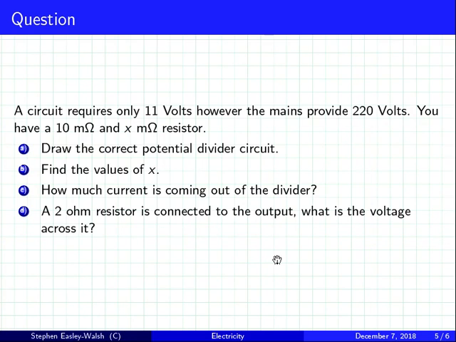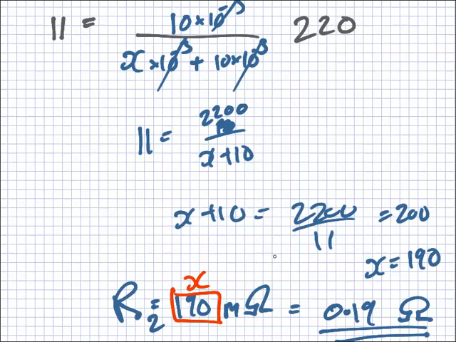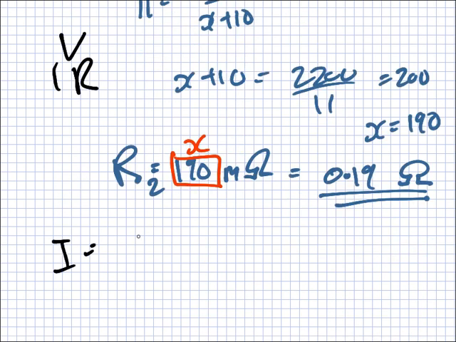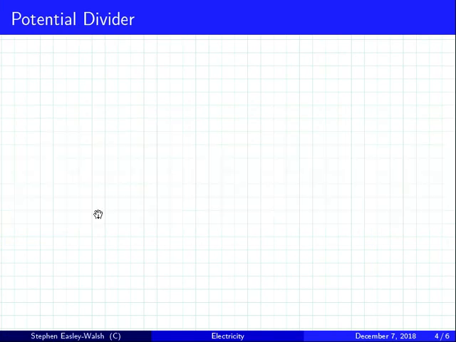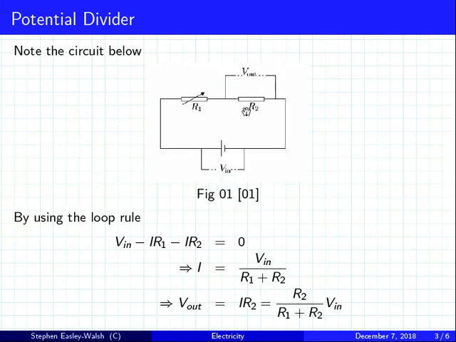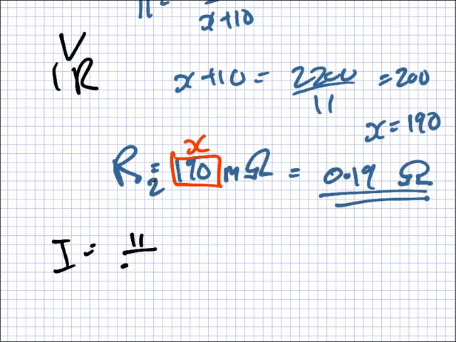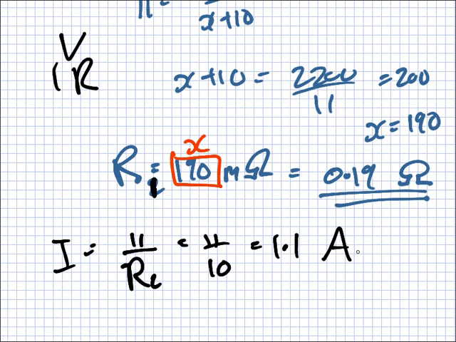So next, what's the current? You can use your V equals IR, or V over R. So the current is 11 over R2, not R1. 11 over R2, which is 11 over 10, which is 1.1 amps.